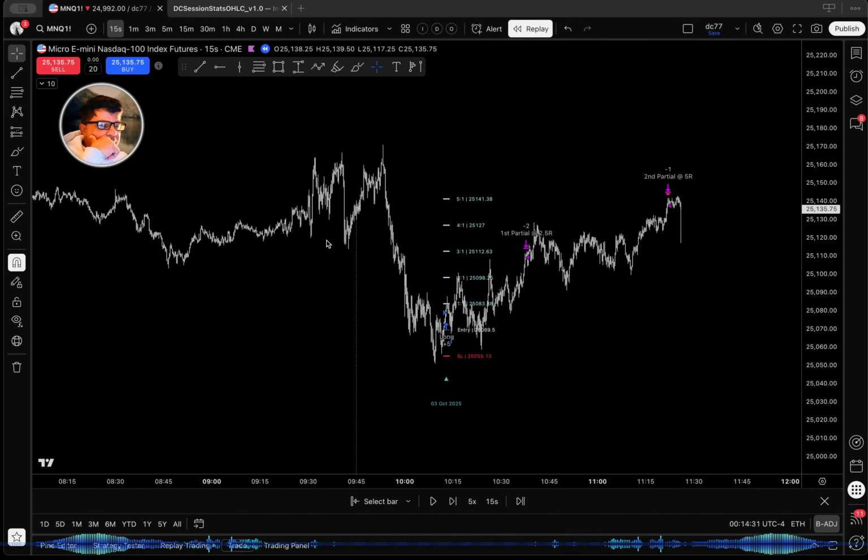At that point, I take partials at 2.5R and set the stop to break even, then take a second partial at 5R and leave a runner. But to run this strat, you have to enter with at least 5 contracts.